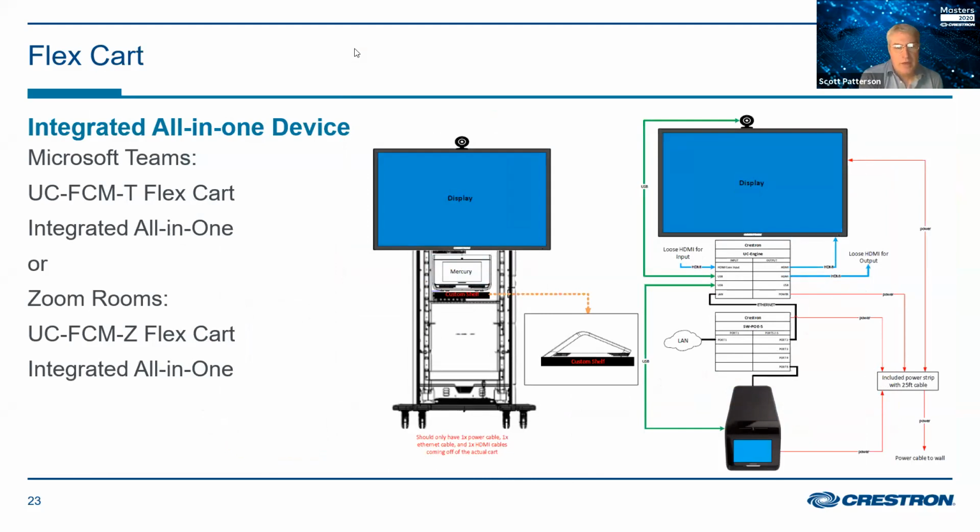So basically, what we have on these are your Teams and your Flex Zoom carts, and depending on what you need, there are different flavors of these, and we're actually coming out with more. We're getting a lot of requests, for example some people want to use Panopto to do recording.